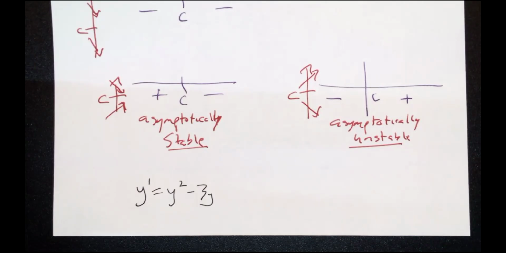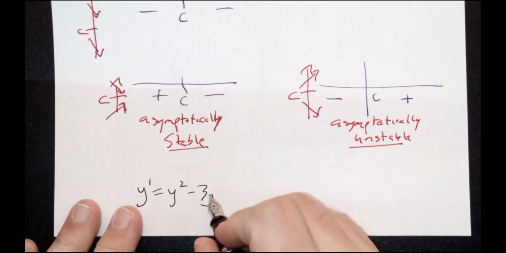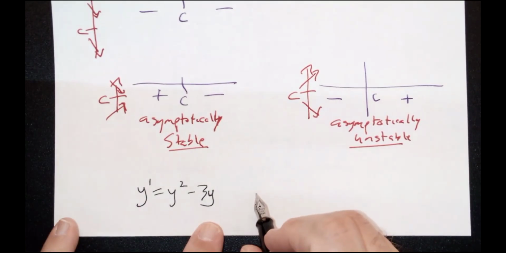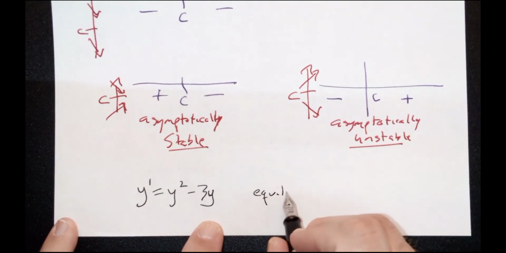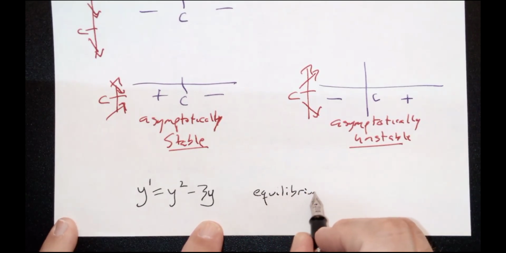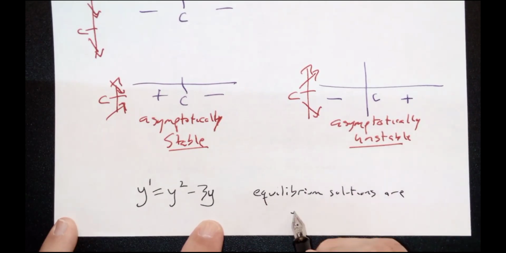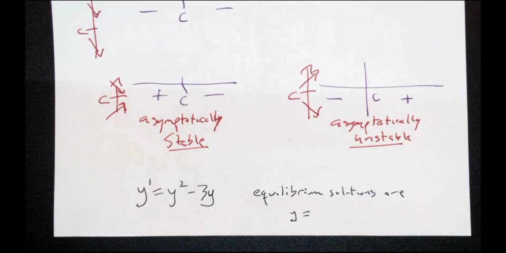What are my equilibrium solutions? Valen? 3 and yeah, 0. I got 2 of them.